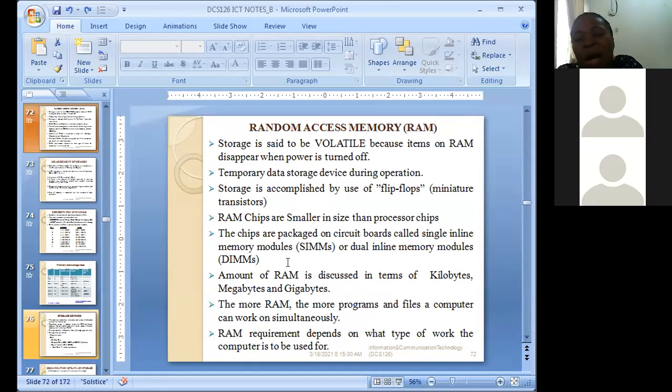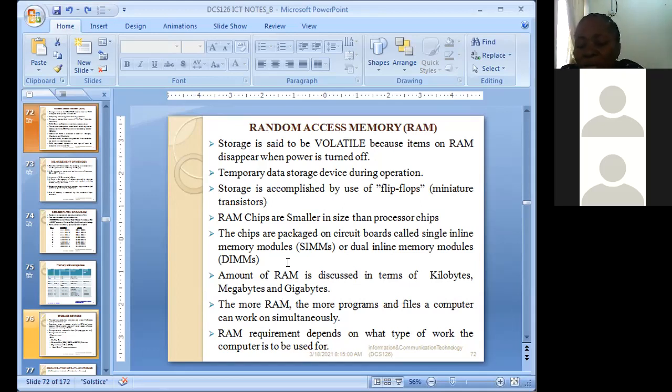But if you happen to use a desktop and the desktop does not have a UPS, uninterrupted power supply device, connected to it, once NEPA takes off their lights, your system goes off. And the moment your system goes off, everything you were working on will disappear.